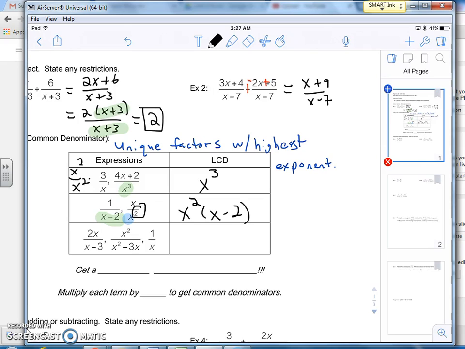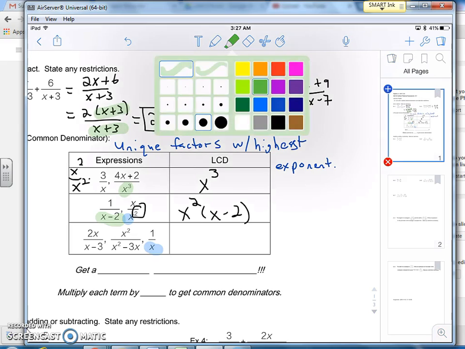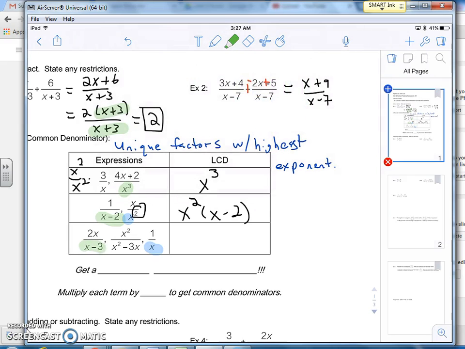In the third example, we've got one factor of x, we've got one factor of x minus 3, and then this middle term, the denominator factors to x times x minus 3. So I won't repeat those factors even though they're in different denominators. I want the unique ones.